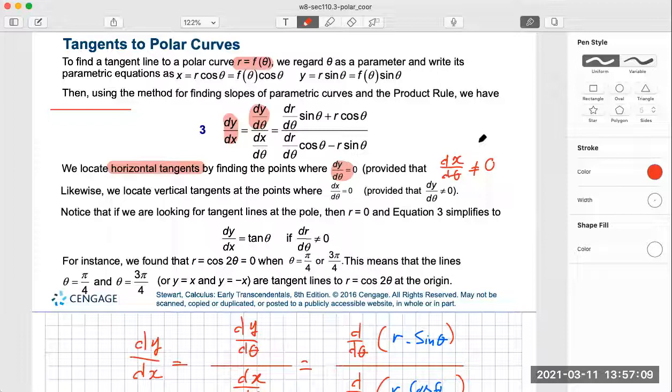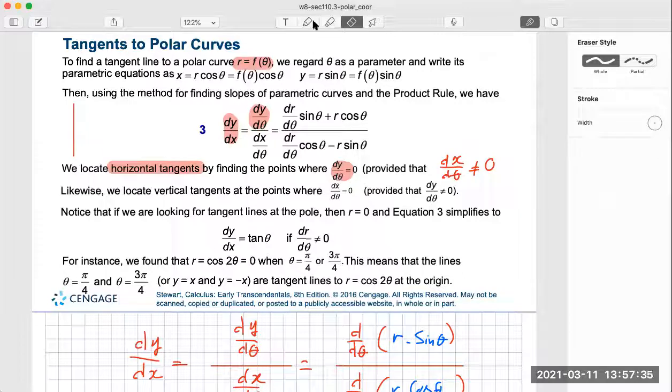Similarly, if the tangent line is vertical, the slope goes to infinity. It goes to infinity when, in this fraction, the numerator is a nonzero constant and the denominator is 0.